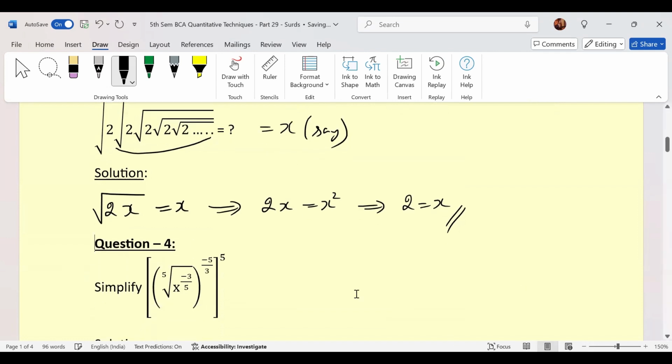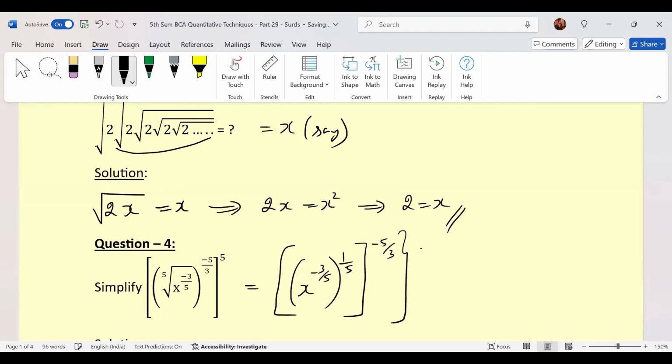Simplify the 5th root of x to the power of minus 3 by 5, the whole thing to the power of minus 5 by 3, to the whole to the power of 5. So this we can rewrite as x to the power of minus 3 by 5, to the power of 1 by 5, then to the power of minus 5 by 3, then to the power of 5.